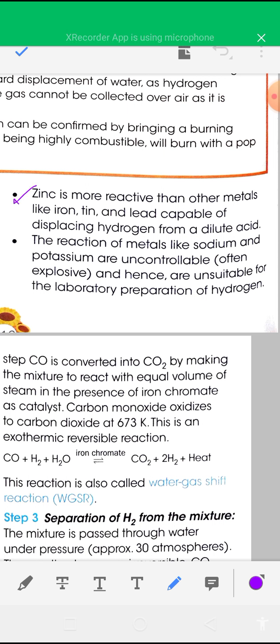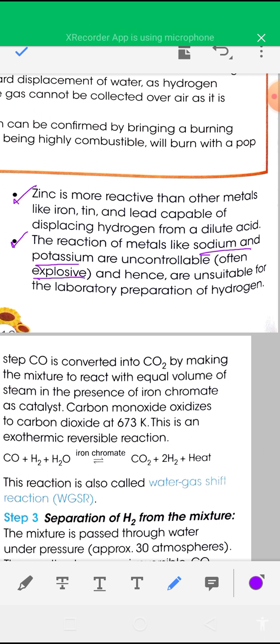First reason: zinc is more reactive than other metals like iron, tin, and lead, so it is capable of displacing hydrogen from a dilute acid. Second reason: the reaction of metals like sodium and potassium with acid is explosive in nature.